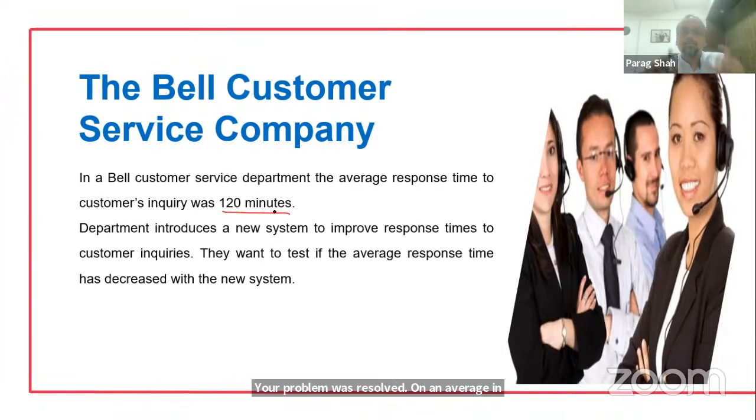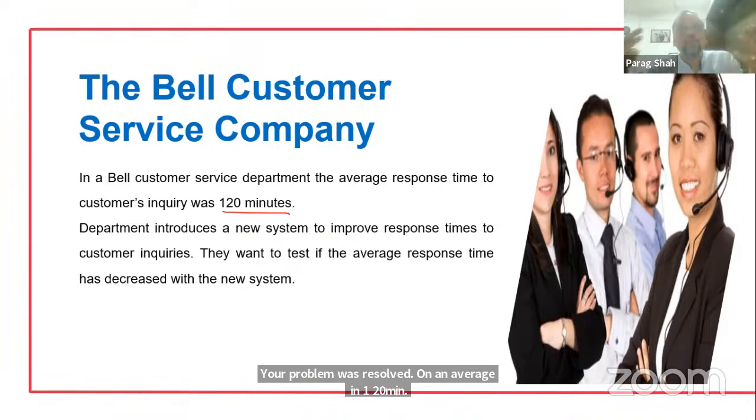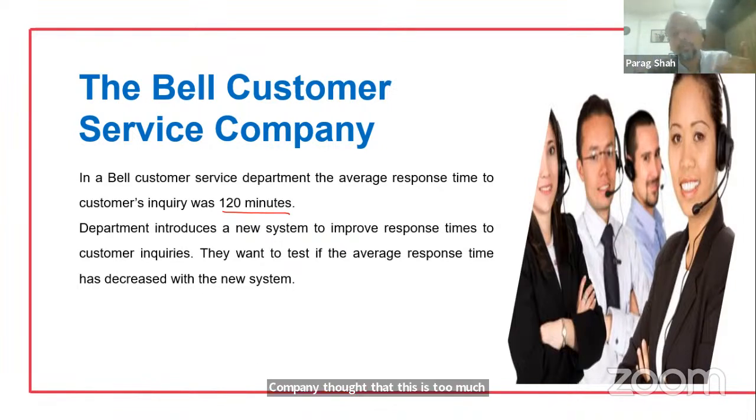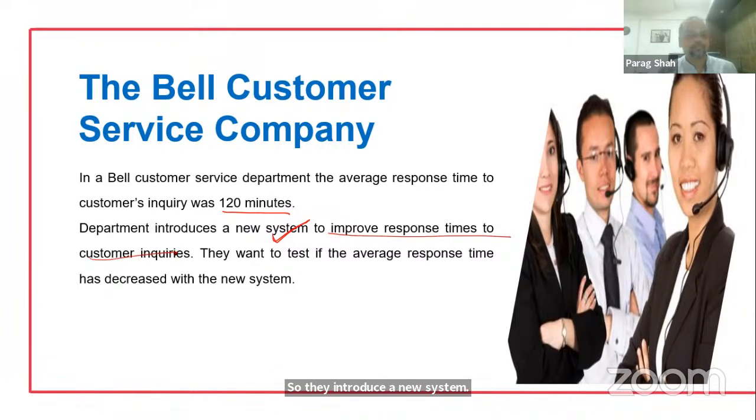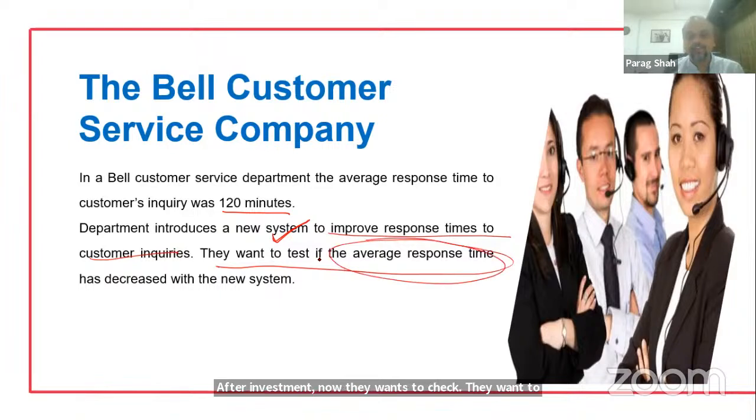Company thought that this is too much time for the customer to wait to get the problem resolved. So they introduced a new system to improve the response time. The company invested a lot in the new system. After investment, now they want to test if the average response time has decreased.